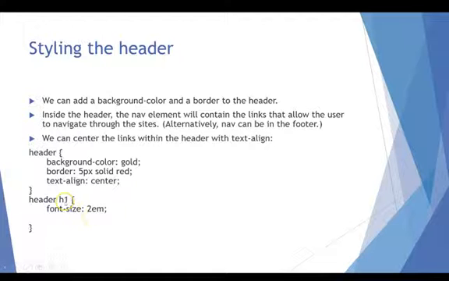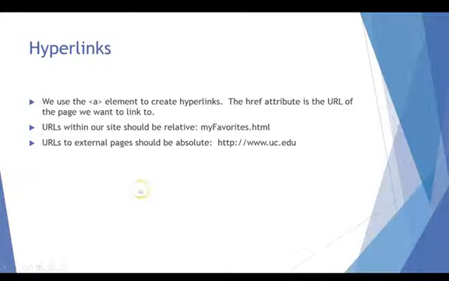So this H1 is an element selector, but when it's listed like this after header, this is called a Descendant Selector. So basically that says apply these style rules to the H1 element, but only when it's inside the header. And that's what I want to do here. So here I'm just setting the font size for this H1. Okay? Alright, sorry about that.